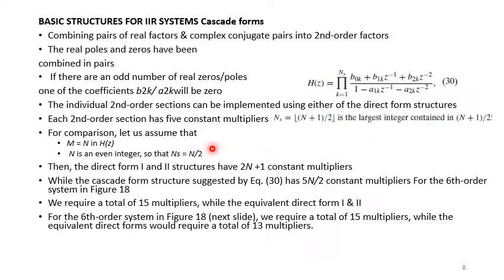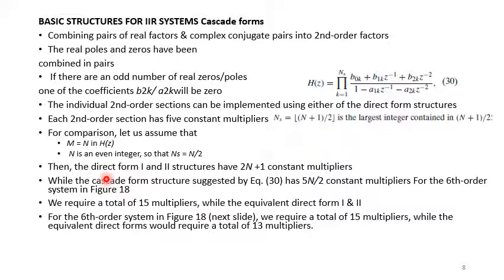For comparison, let's assume that M equals N. You understand, if they are not equal, the coefficients for the higher order will simply be 0. So we assume that M equals N, and also we assume N is an even integer, so that Ns equals N by 2, exactly an integer.